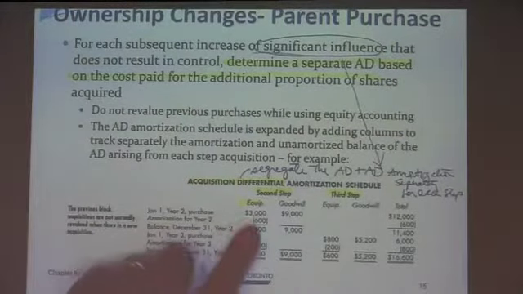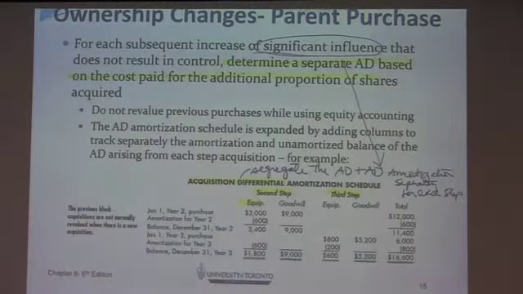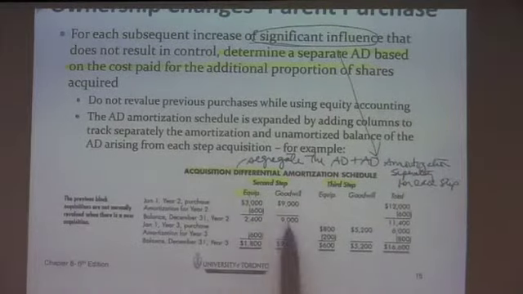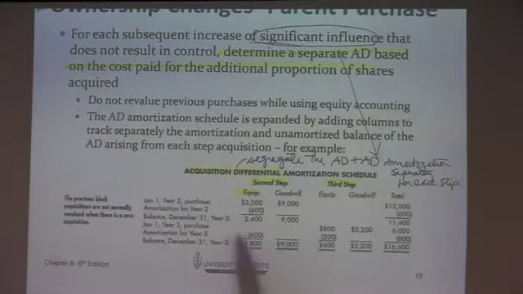Okay, so you'll see that in our second purchase, and this is just an example, you really don't need to know the case facts for this example, but I wanted to highlight that in the second step we've allocated the AD between equipment and goodwill, and then we amortize it, and we have the unamortized acquisition differential.